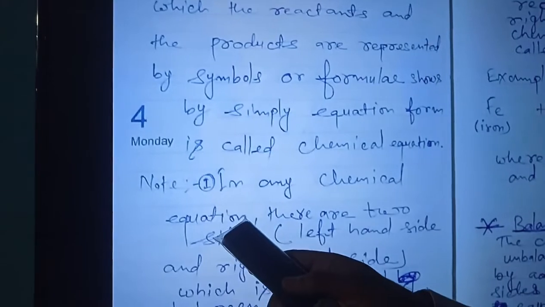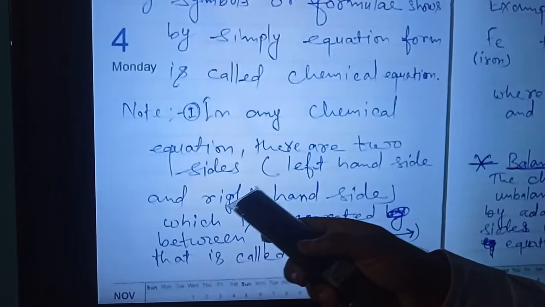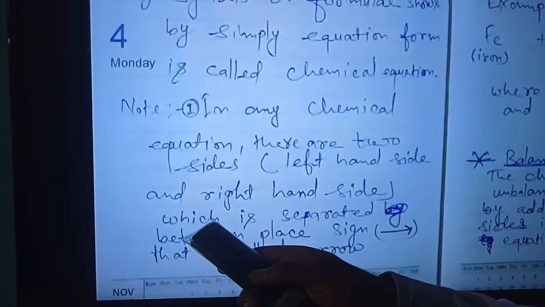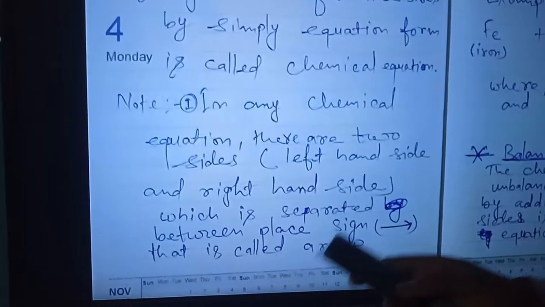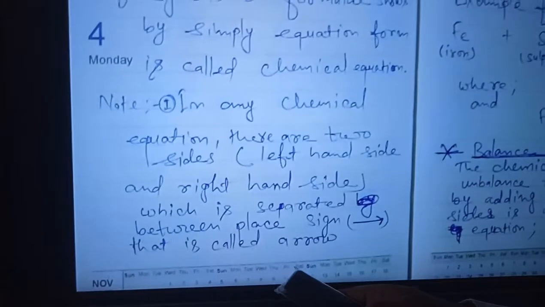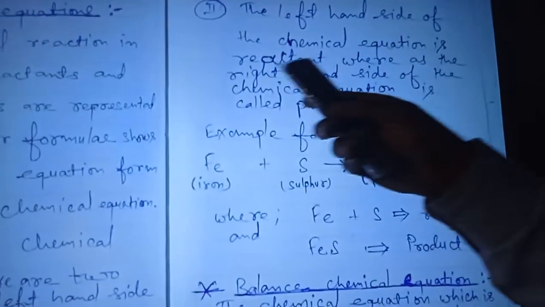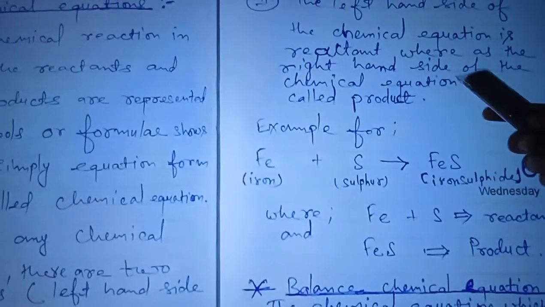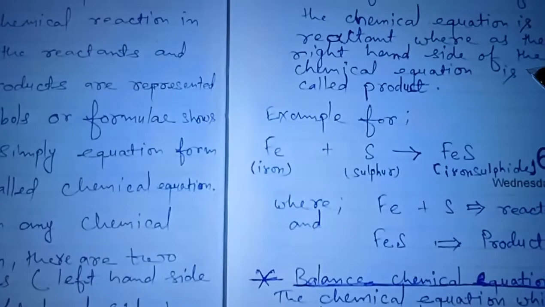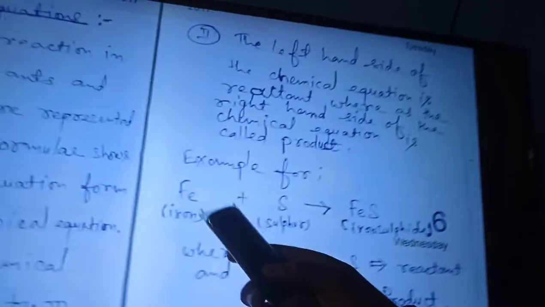Note 1: in any chemical equation there are two sides, left hand side and right hand side, separated by a sign called an arrow. Note 2: the left hand side of the chemical equation is called the reactants, whereas the right hand side is called the products.